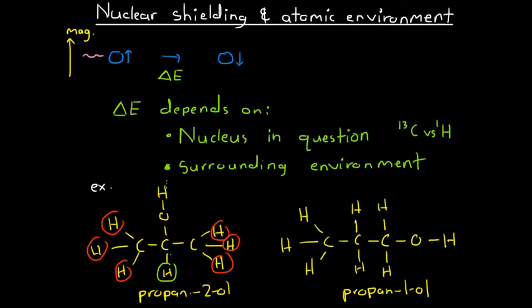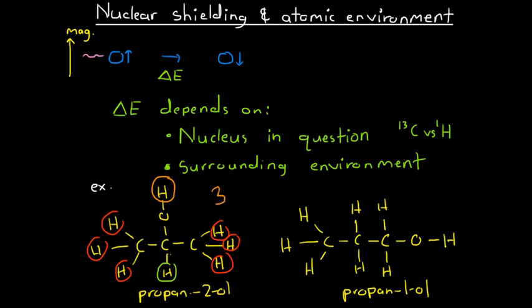Now, there's only one hydroxyl group, so that hydrogen in that hydroxyl group is also unique. So we've got three different hydrogen environments there. These six are all in the same environment because of the symmetric nature of this molecule. However, these two hydrogens are both in very unique circumstances, so they're in their own atomic environments.